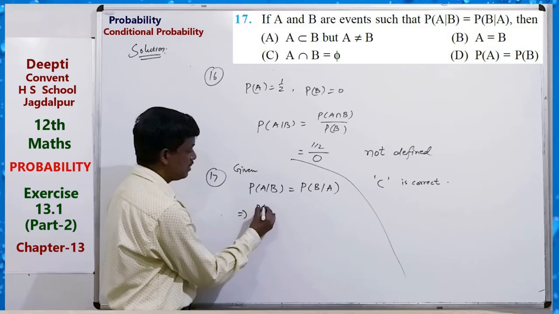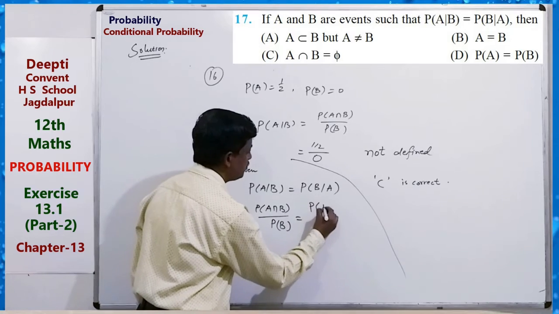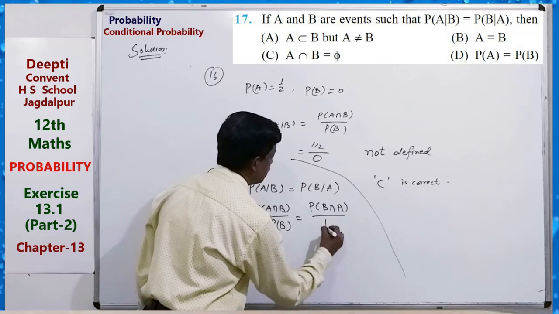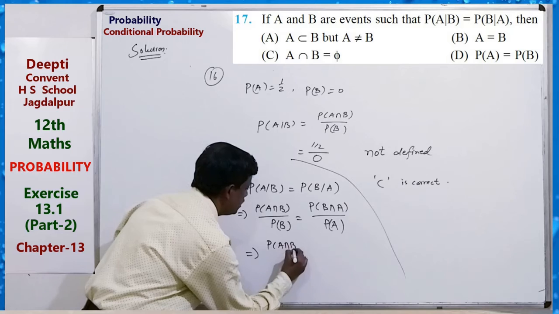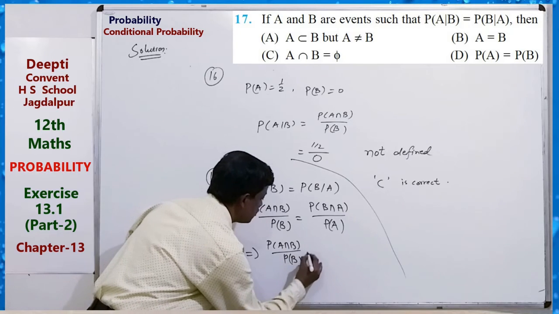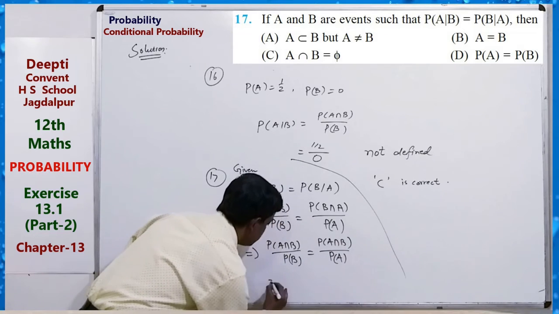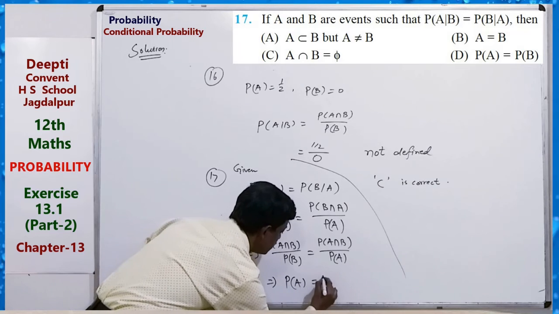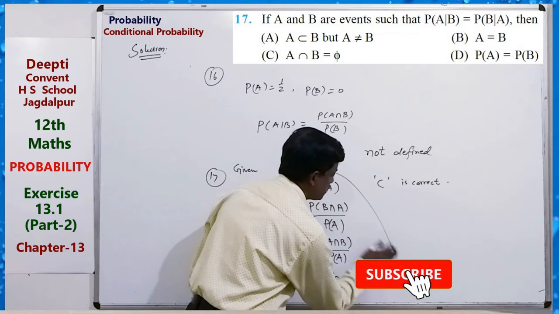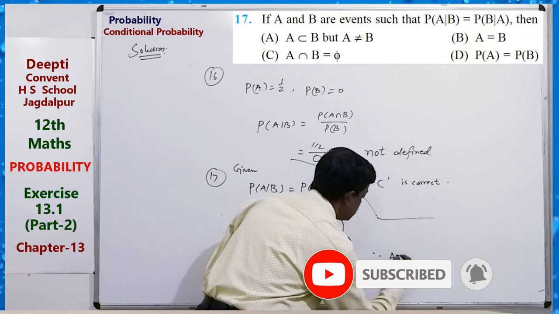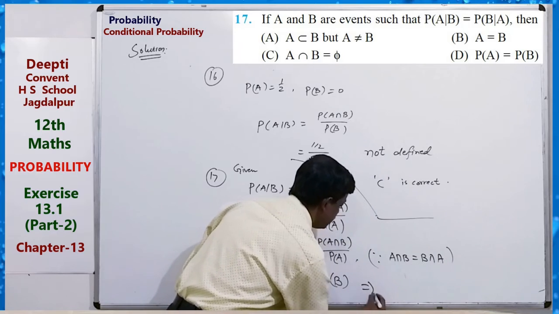So we can write P(A intersection B) upon P(B) equals P(B intersection A) upon P(A), implies P(A) equals P(B), since A intersection B equals B intersection A. So what is right?